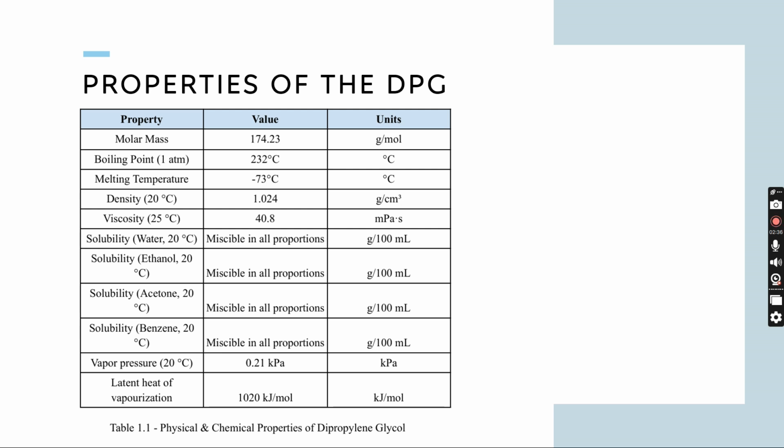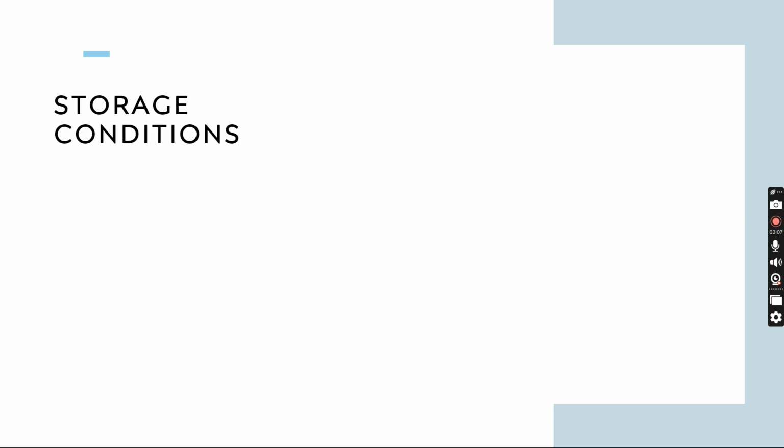Density: it is heavier than water because its density is 1.024 gram per centimeter cube, while water is 1.000. Viscosity and solubility: it is miscible in water in all proportions, and in ethanol. So you can see we summarize all the physical properties that are required, because you require solubility when you design the separation process, as you might use one of these solvents, so there are a lot of possibilities. These properties you basically require to develop a process flow sheet.